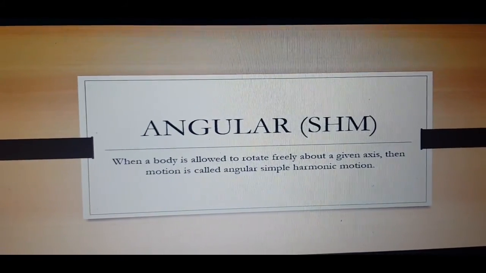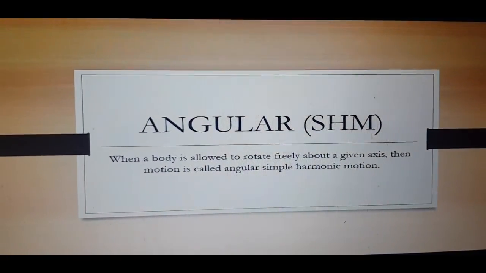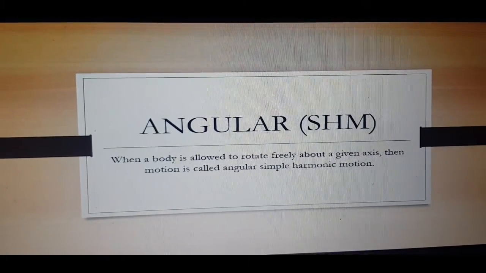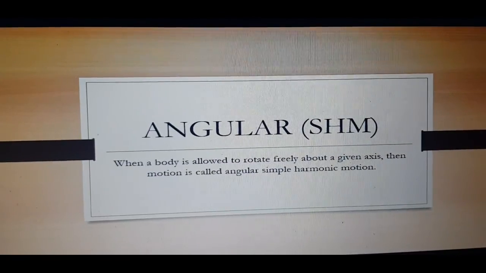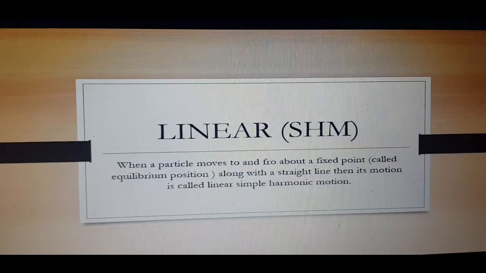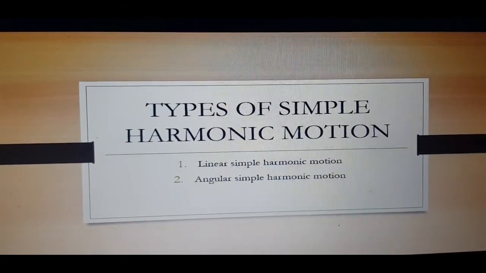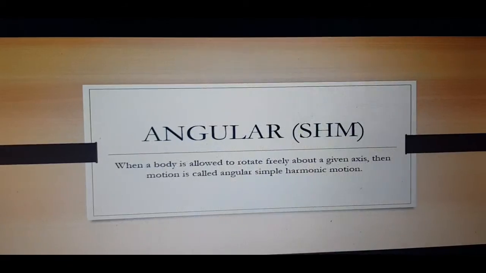Once the object is allowed to rotate, any object that rotates freely on a fixed point, you can fix it and then the object will rotate, as I have given you an example here. You see, this is the object. It is rotating around the circle. It is what we call angular harmonic motion, class.